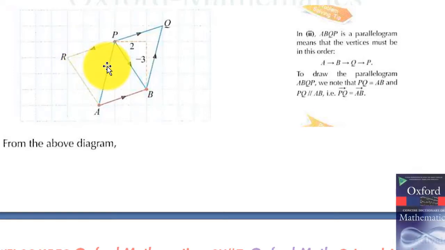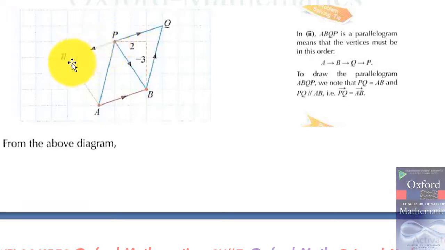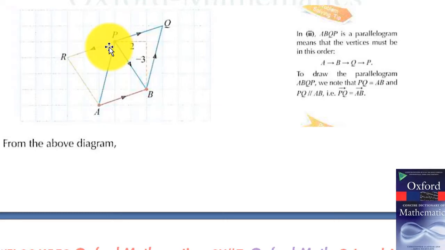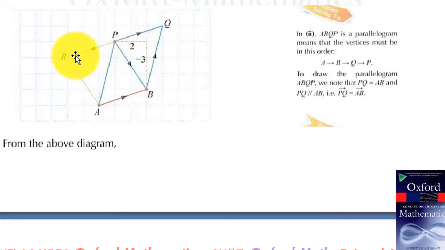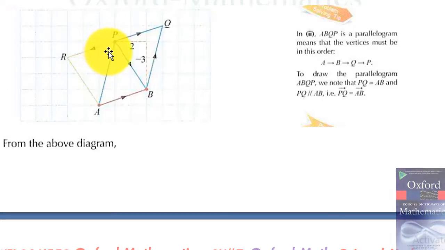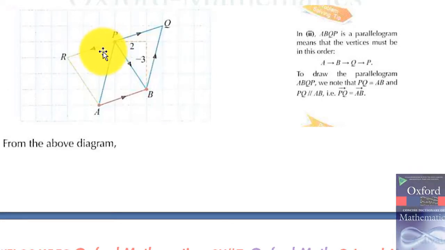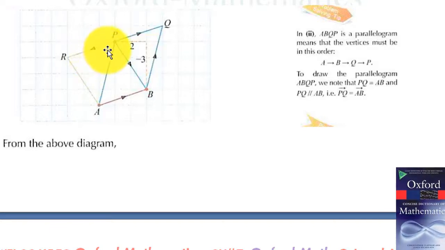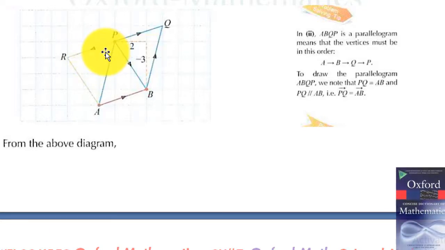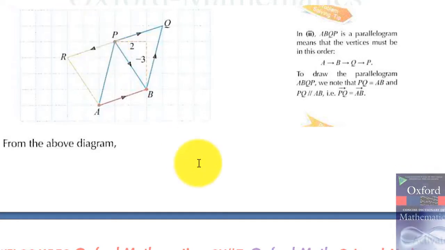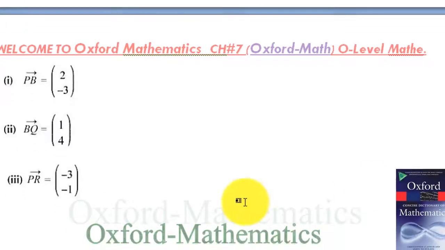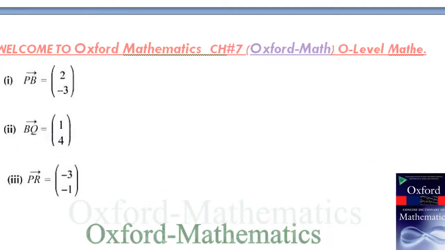So 3, because we move from P to R. So X is negative 3 and Y is also negative. X is negative and Y is negative. So the total distance in Y is minus 1, and X is minus 3. Now we can check: yes, X is minus 3 and Y is minus 1.